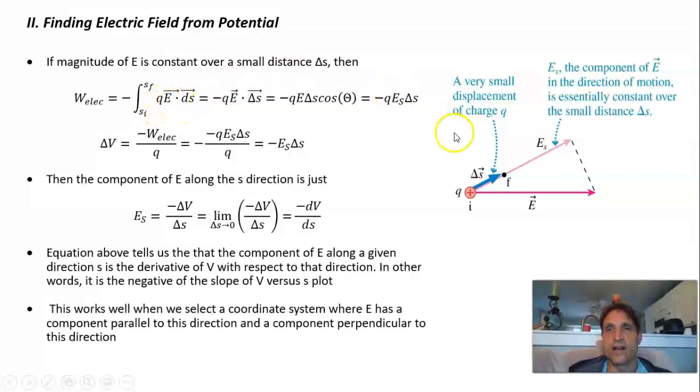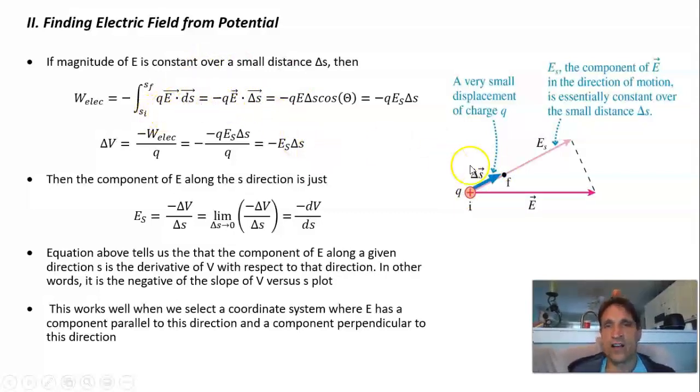Okay. Now, if this delta S is so small that the electric field is a constant, then the integral just becomes negative QE dotted with delta S, because E is constant over this little region, is negative QE delta S cosine of theta. And in this case, delta S is parallel to the S component along the S direction, ES.